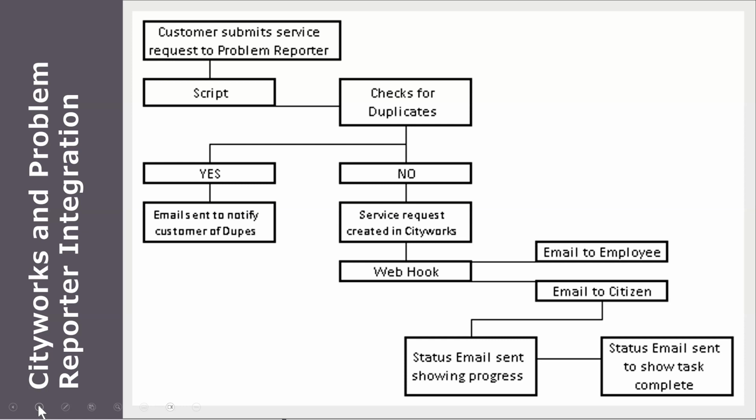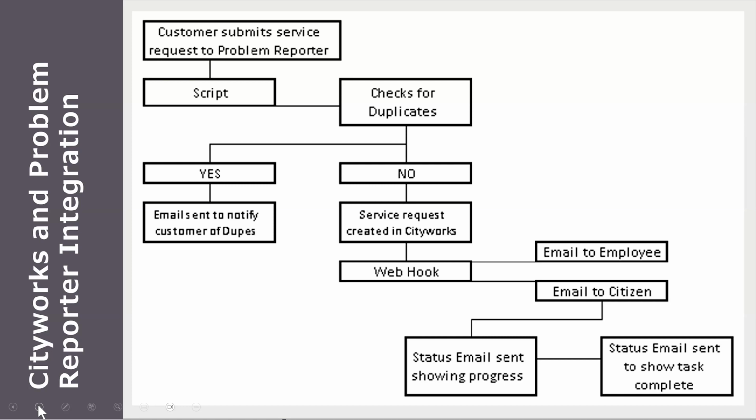Once a service request is created within Cityworks, a citizen will get an email saying, "Thank you for reporting this issue. Here's a service request ID for your reference." Whatever information they put in will feed back and fill in the fields within the email body, and you'll see that shortly.